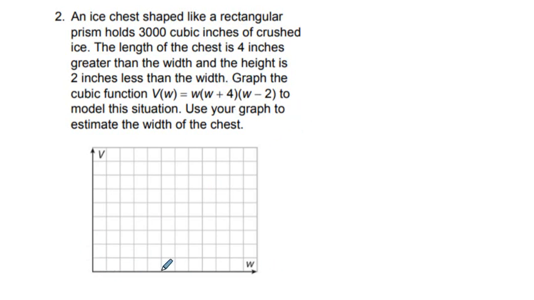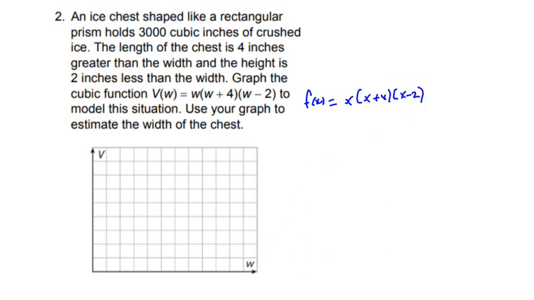They don't give us dimensions other than having an independent w axis and the volume dependent axis. So we're just going to put this in our calculator. V of w equals, I'm going to put this as f of x, or f of w, for the graphing calculator's sake: x times quantity x plus 4 times quantity x minus 2.